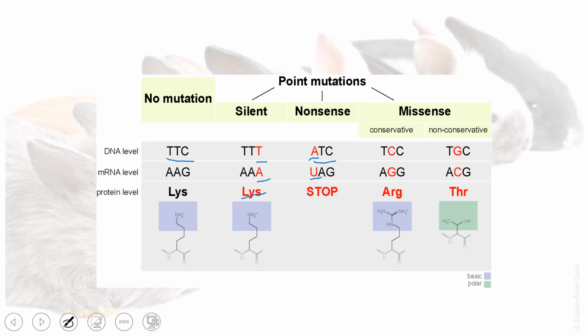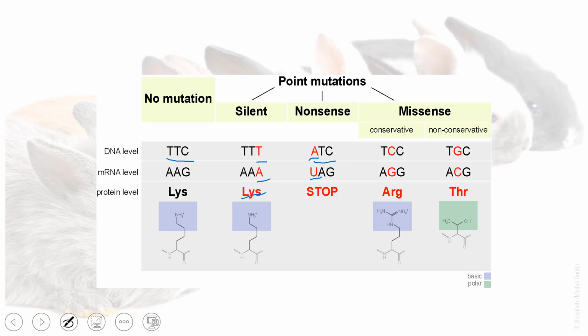Now it reads ATC, which the RNA version of that is UAC, and that is one of our stop codons. So what it does is it terminates the translation early, giving you a shorter polypeptide and a shorter protein. Usually non-functioning, because it usually can't fold correctly if you end up with a much smaller protein.